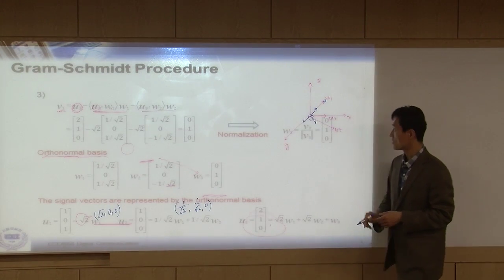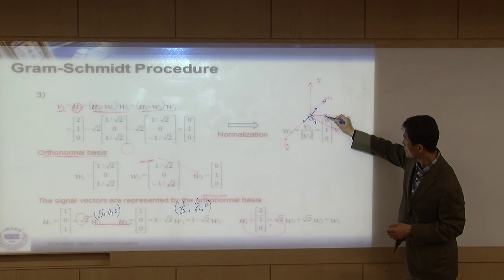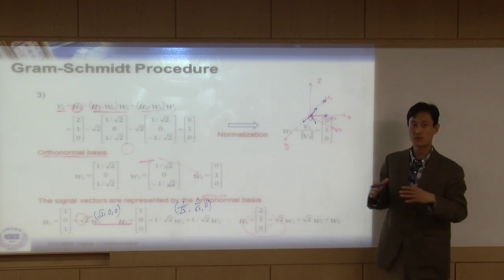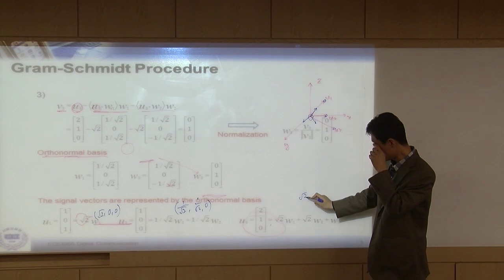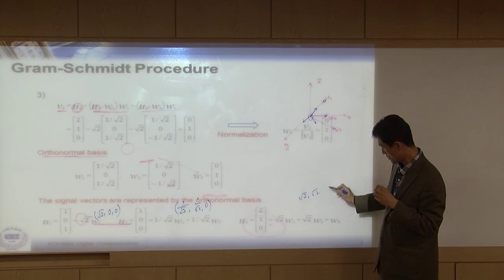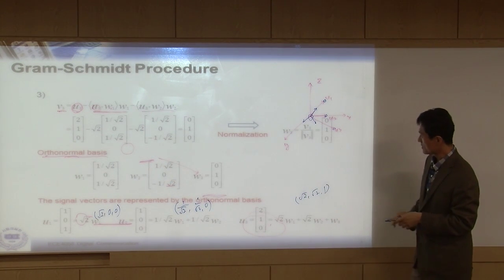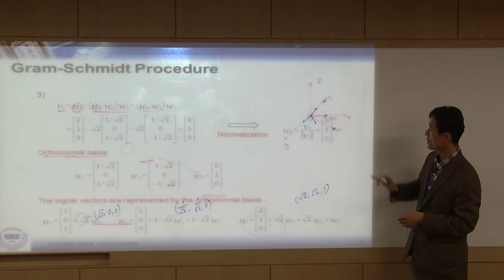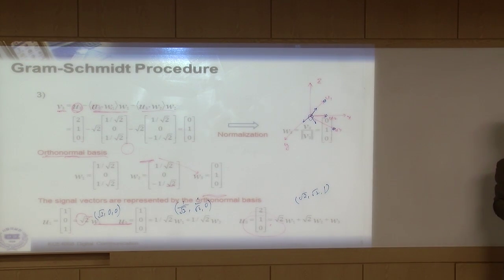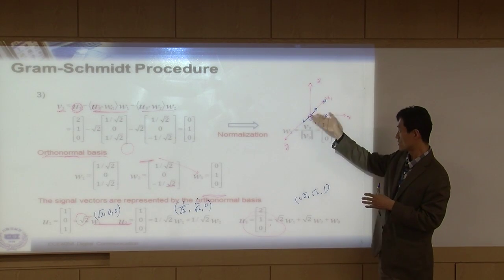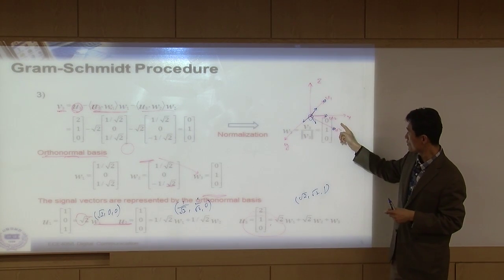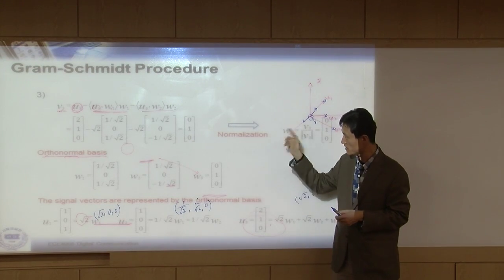That's the position of U2 in the new xyz. Same here: this is root square 2, root square 2, 1. That is the position of U3 in the new xyz. So based on this new xyz, the U1, U2, U3 positions are now different.